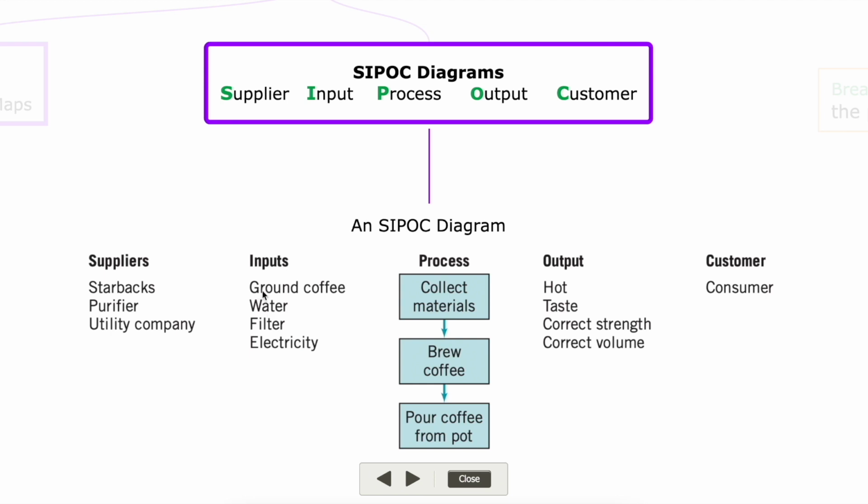These inputs are used in this process in which we collect materials, brew the coffee, and pour the coffee from the pot, and the output that we get is a cup of coffee which is hot and right in taste. It has correct strength and correct volume of the cup, meaning how many ounces the customer ordered, and then this product is delivered to the consumer. This is an example of a SIPOC diagram for the process of coffee.